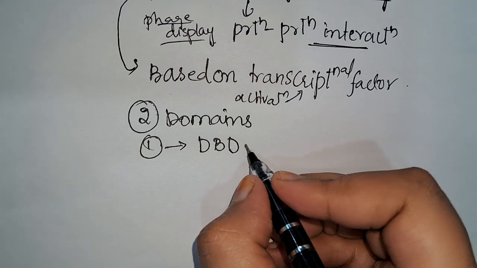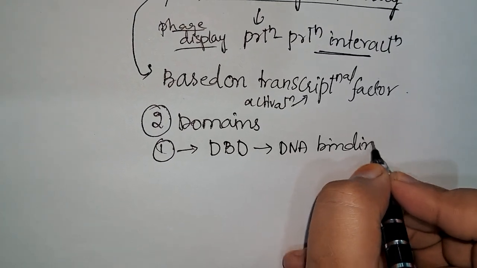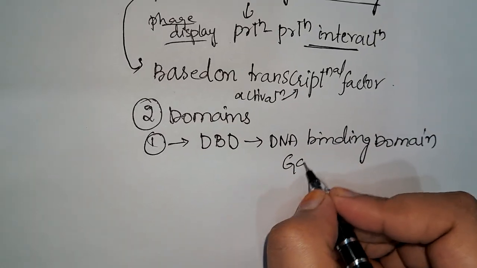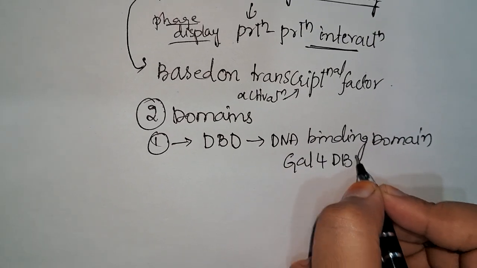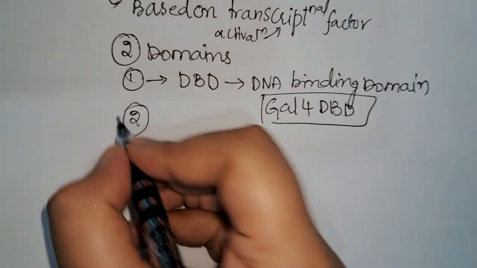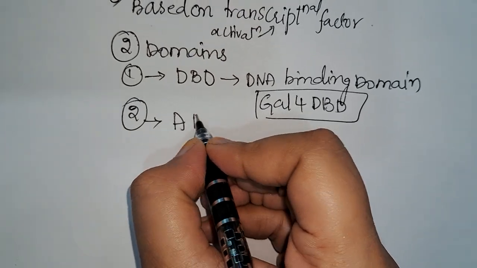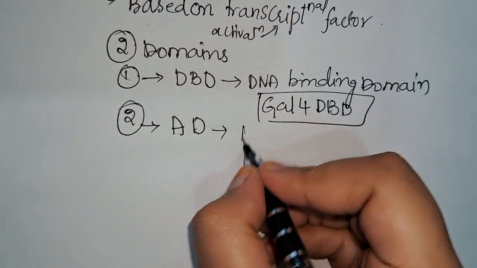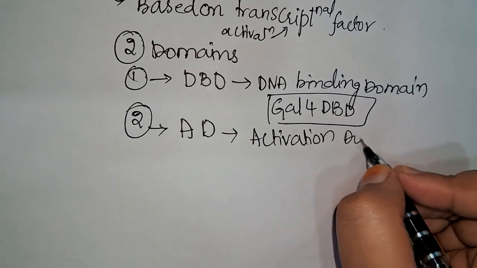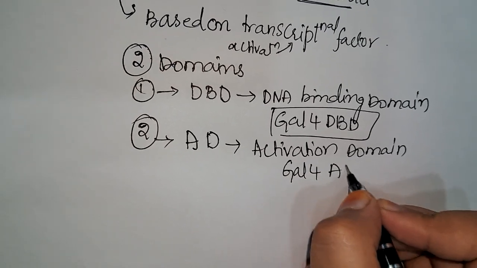DBD is nothing but the DNA binding domain, so it is called the GAL4 DBD domain. The second domain is the AD domain. A is for activation domain, which we can call GAL4 AD.